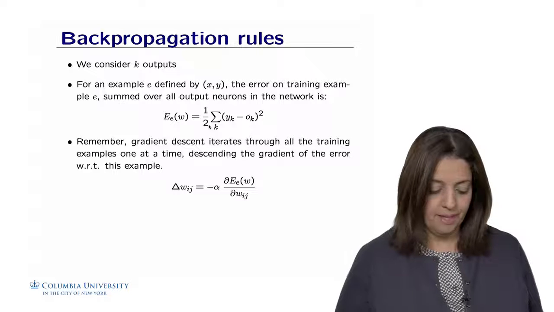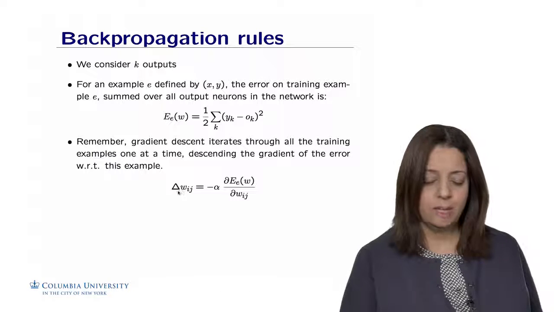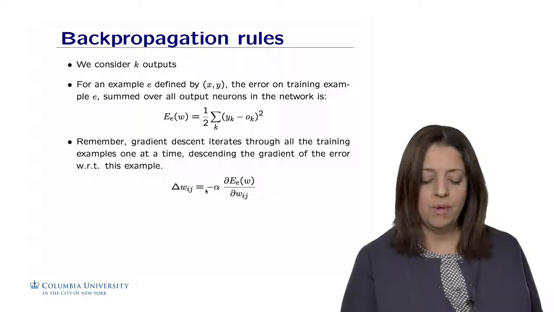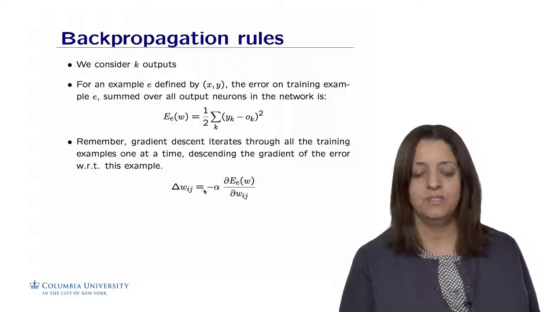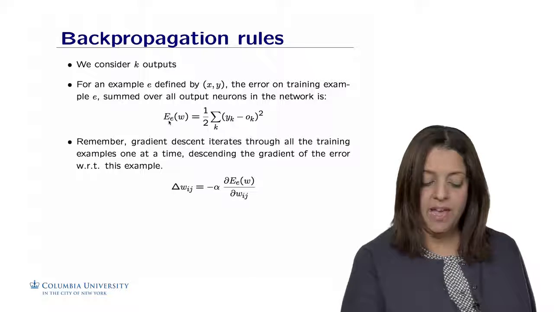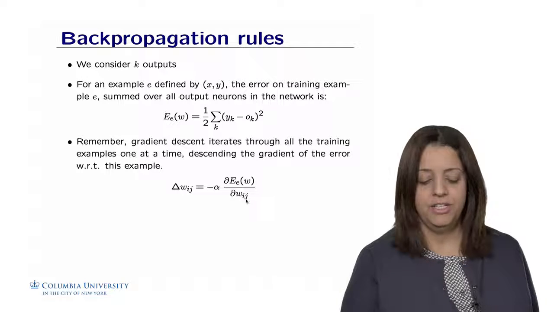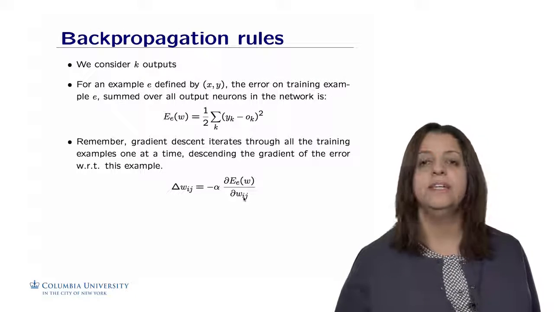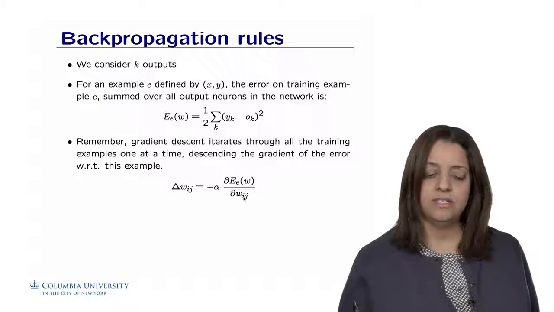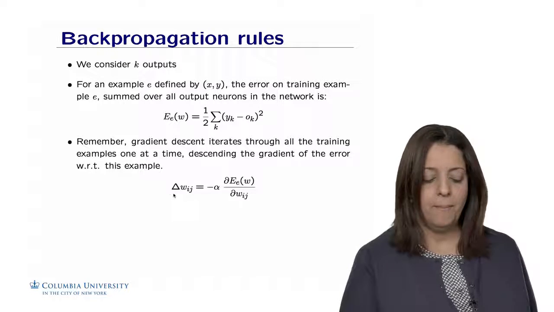In this case, delta Wij, where Wij is the weight between neuron i and neuron j, would be minus alpha, where alpha is the learning rate, just as we did in gradient descent for linear regression, times the partial derivative of E with respect to Wij. So I'm going to descend the gradient another time, but this time we consider the error for each example and try to find better weights by decreasing them by a delta Wij.